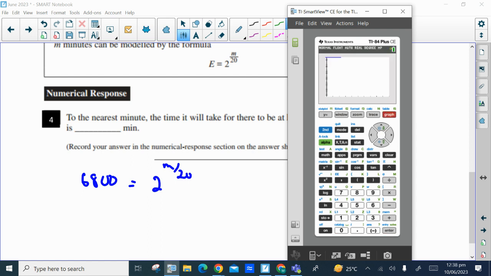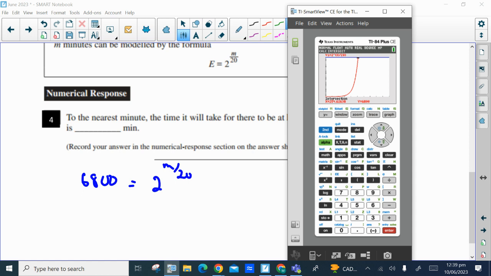We'll see if that's enough. Not quite. So we'll try again. Let x equal 500 and maybe a scale of 50. There we go. Now we can see the point of intersection. Second function trace, number 5 for intersect, enter, enter, enter. So we get 255 to the nearest minute.